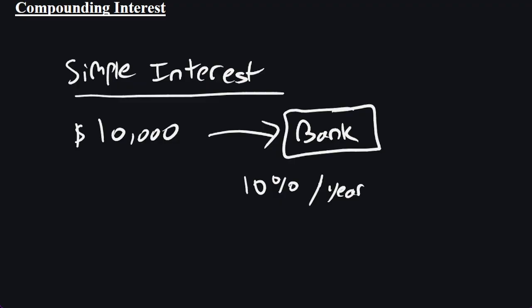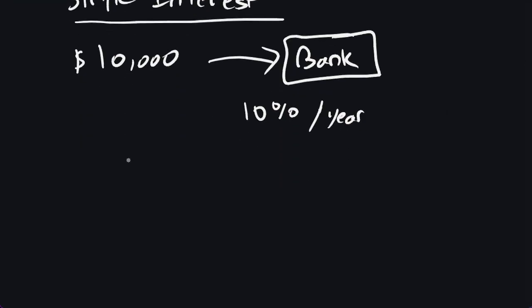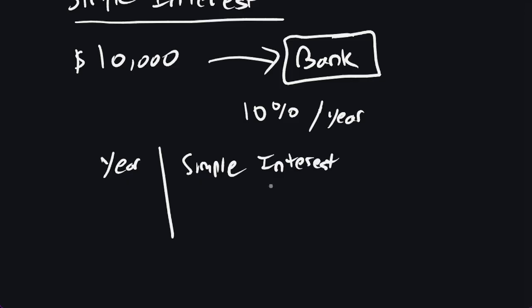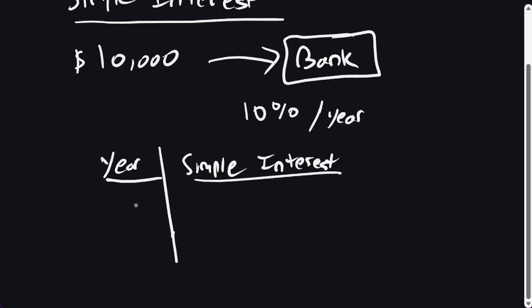So in the case of simple interest, let's just draw a little table. Let's draw the year and simple interest. Okay, so in year one, well, let's actually start with year 0.